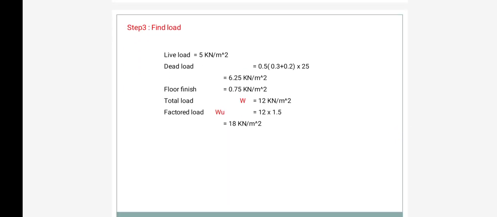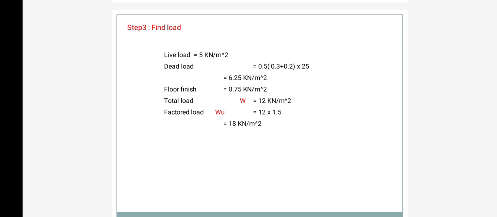Then step 3: find load. Live load is equal to 5 kilonewton per meter square, that is given. Dead load is calculated from length, breadth, overall depth and density of concrete. Substituting all values in the formula, dead load is equal to 6.25 kilonewton per meter square, and floor finish is assumed as 0.75 kilonewton per meter square.